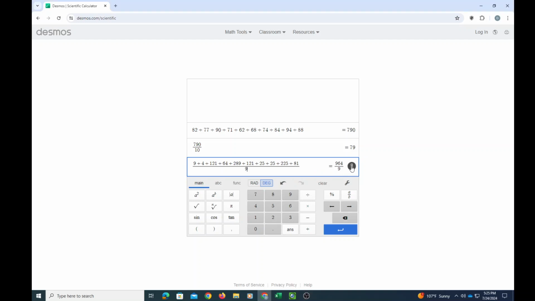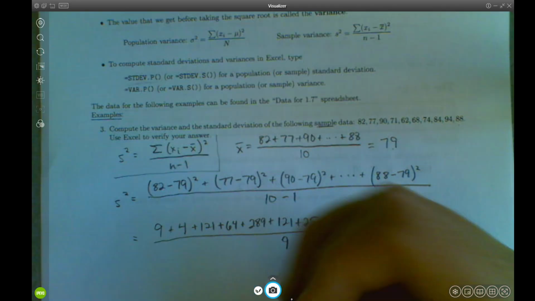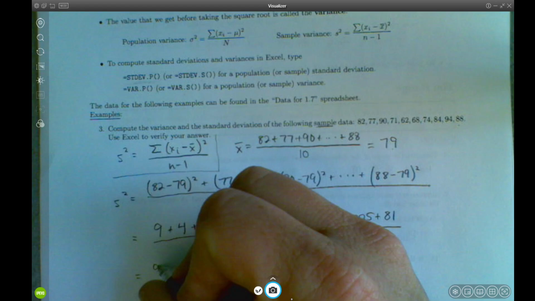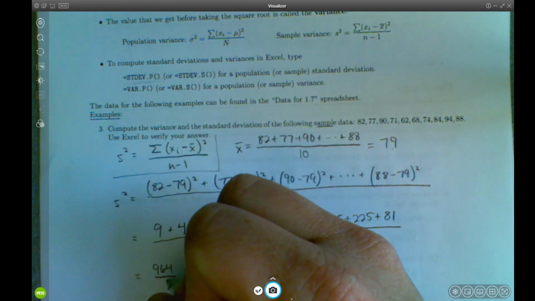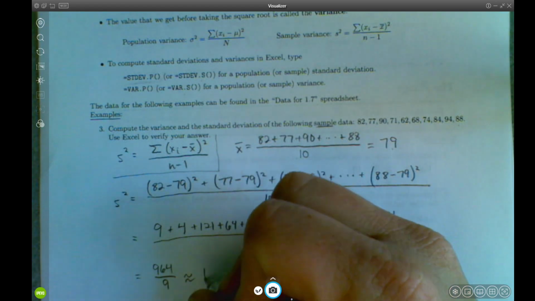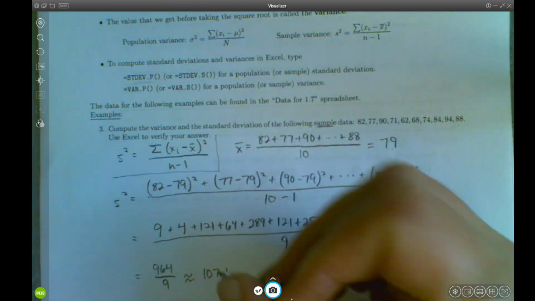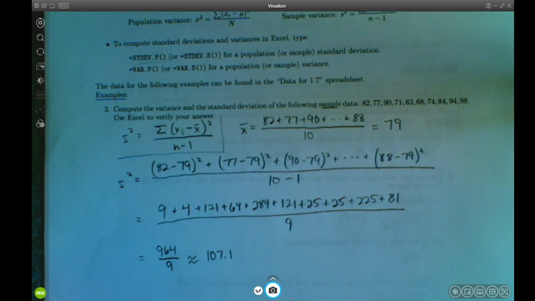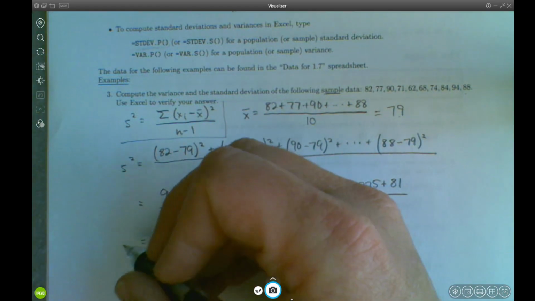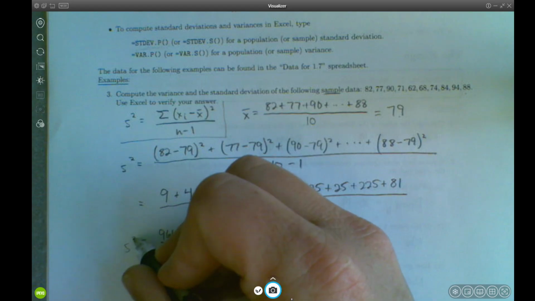I like to have the exact value because I'm going to take the square root of it now to find the standard deviation. So let's write 964 over 9, which is approximately 107.1. Okay, so that's the variance, S squared.